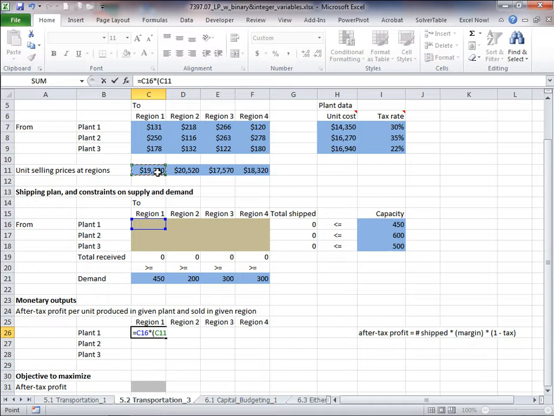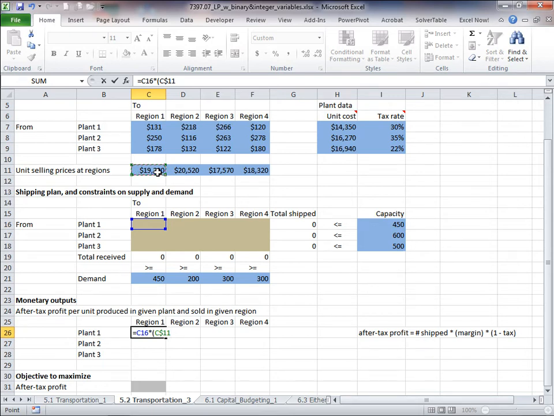So the way I say the row is fixed, but the columns can change is to put the dollar sign in front of the row, right? Well, if I name it, it's going to be fixed for everything, and I can do that. Okay, so I can definitely copy this across, right?